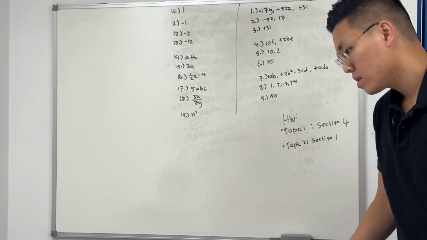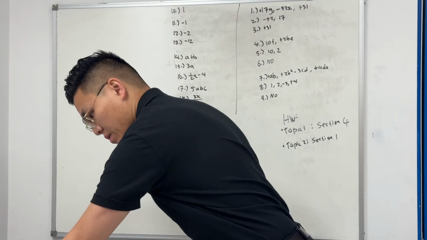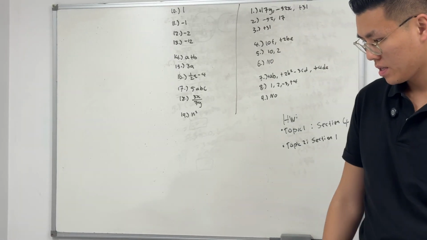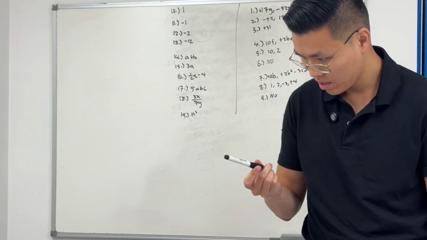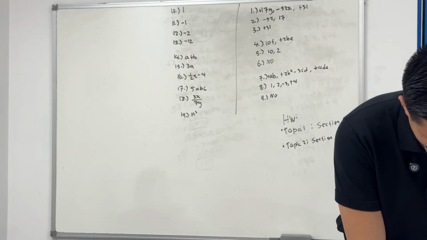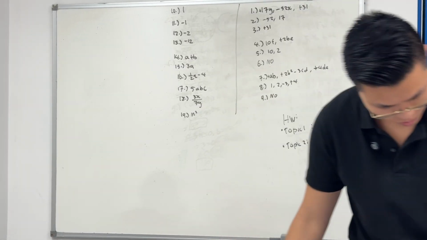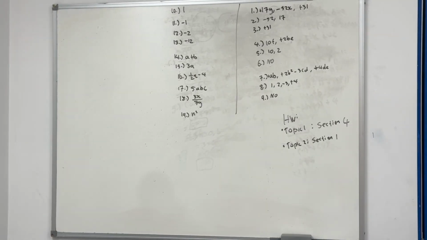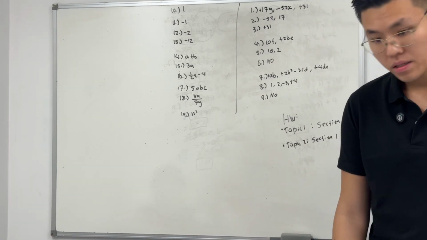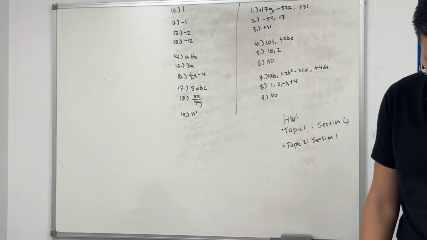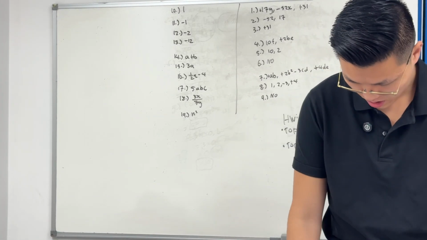Just write it on the front of your pages and show me. And this is topic 2's homework. Show me you've written it down, and then you can go.